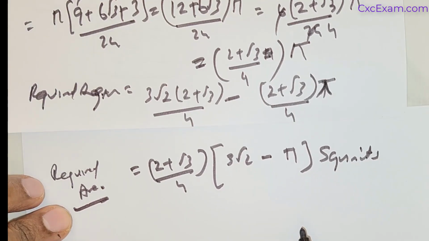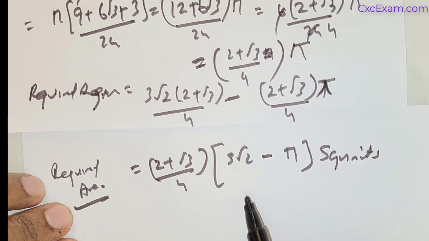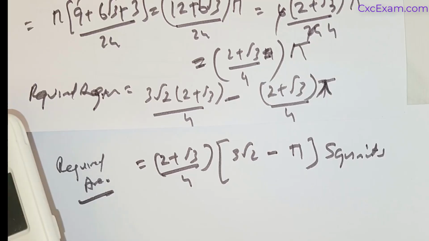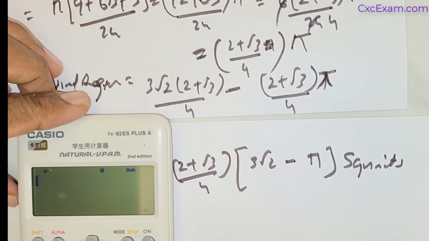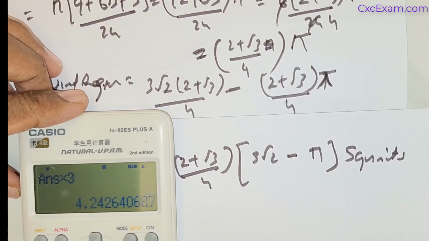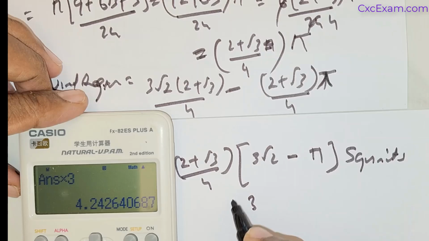If you want, you can actually simplify this to get the region. So let me use my calculator. This is the value of root 2. I multiply by 3. I get this, and let me write that down. So this is 4.243.